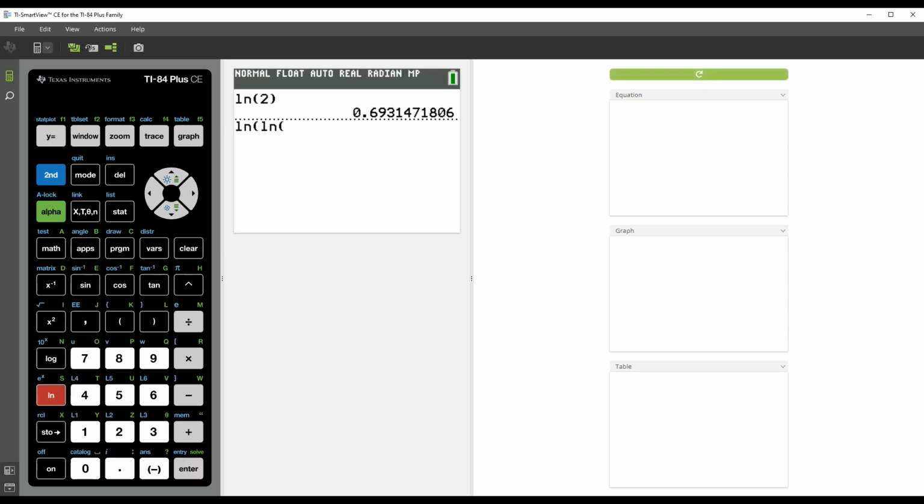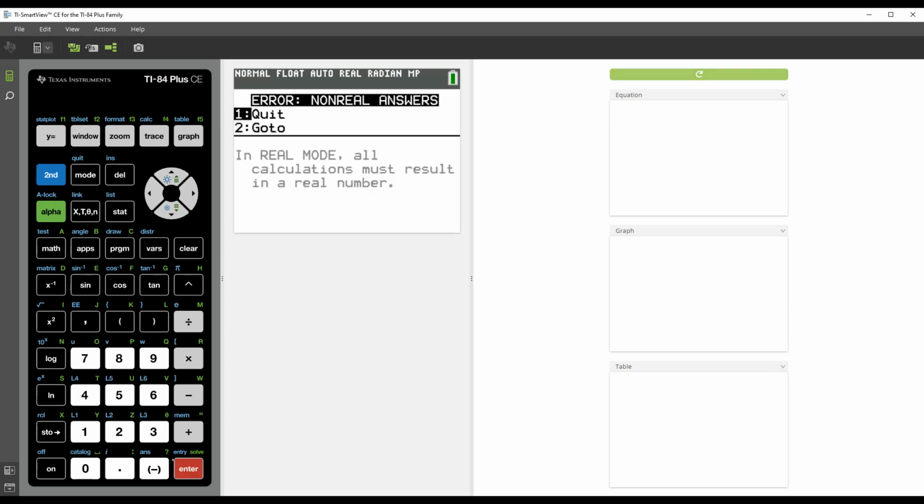I'm going to type in natural log of 0.3. Your calculator doesn't need you to do that 0. And get negative 1.2. Natural log of negative 1. Aha, we have an error again. Why do we have an error? Because you can't take the natural log of a negative number.